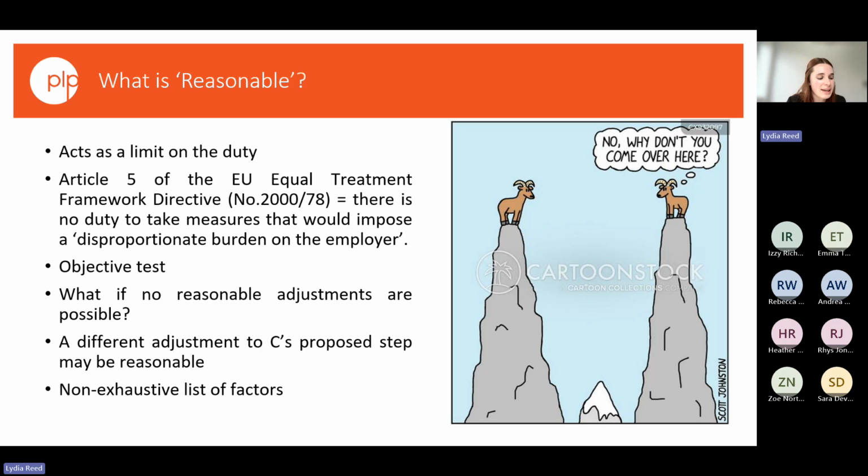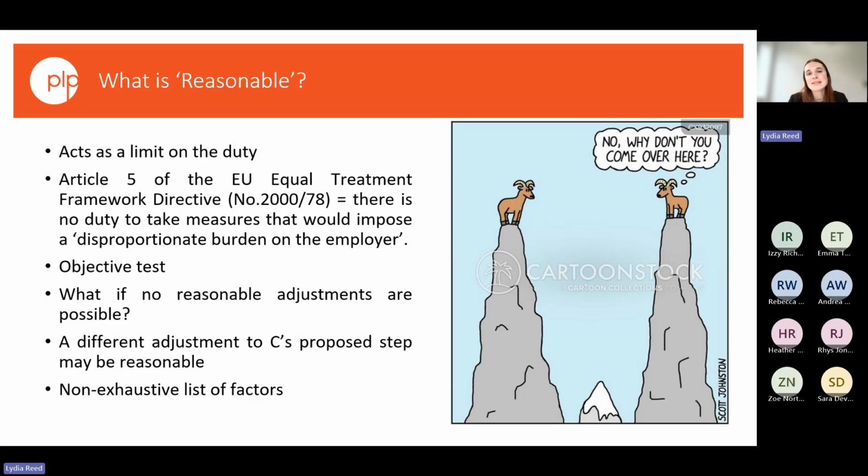The objective test, so the employment tribunal stepping into both parties' shoes, means that the tribunal can make a finding for a different adjustment to the one that was pleaded. So where the disadvantage is reduced, the employment tribunal might find that a different adjustment would have been reasonable.